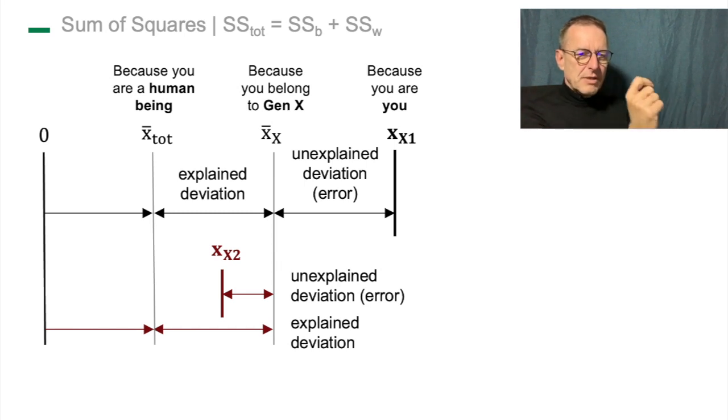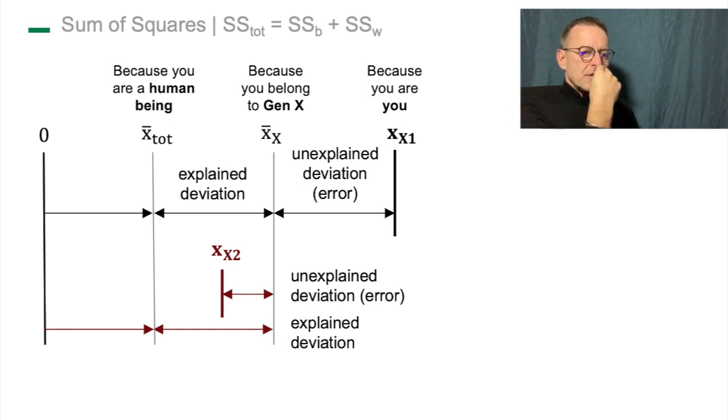In my picture here, you see the value of one single person, the answer of one single person. It's the value x of somebody who belongs to Generation X, person 1, x1. X is the value, it has nothing to do with the generation. It's just the value x, as we put it in statistics.